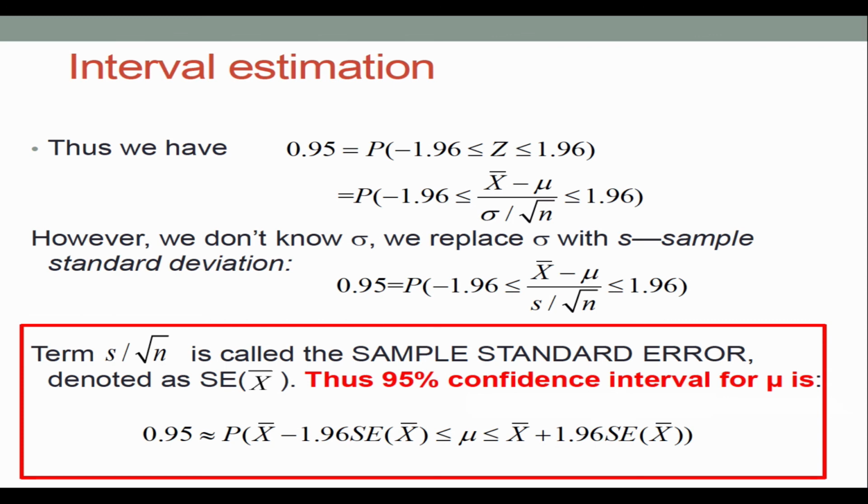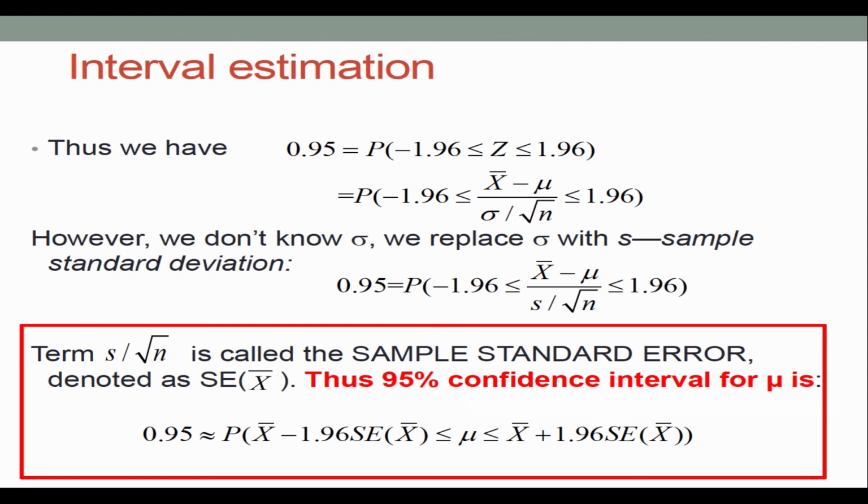And this part you can write as mu minus X bar divided by S over square root of n, greater or equal to negative 1.96 and less than or equal to 1.96, right? You just flip the order of X bar and mu. It doesn't change because here is negative, this is positive, this is symmetric.